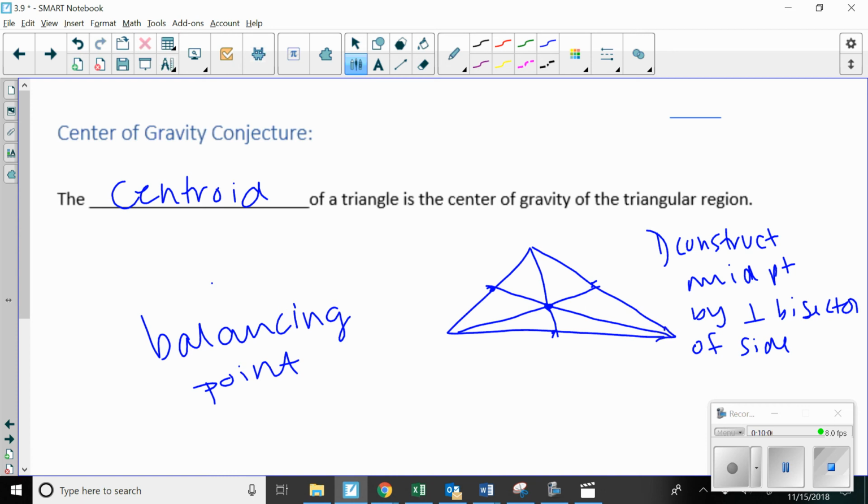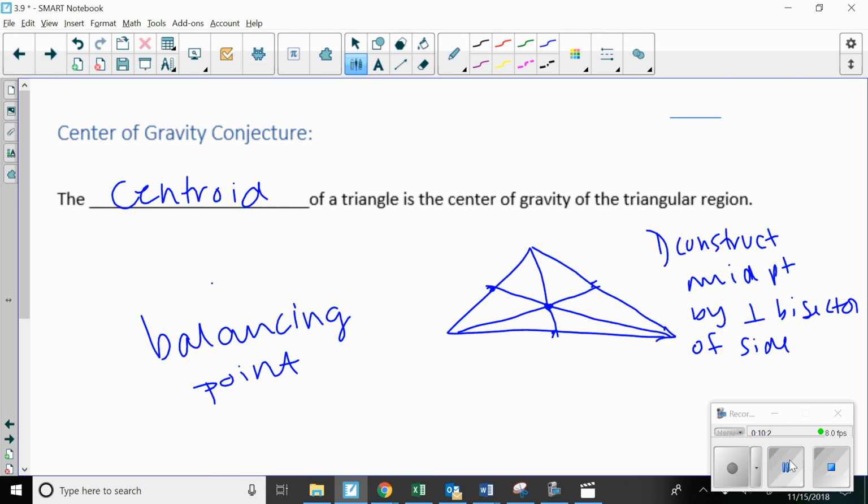The only reason you're finding the perpendicular bisector is that the midpoint lies on that perpendicular bisector. Once you have the midpoint of all three sides, then you can connect the vertex to that midpoint. And that centroid is going to be the center of gravity of that region or of your specific triangle.